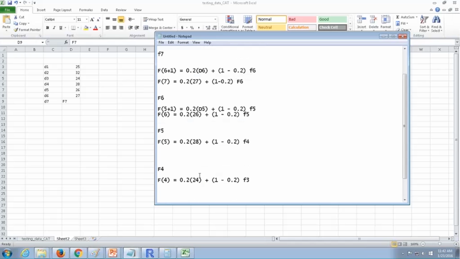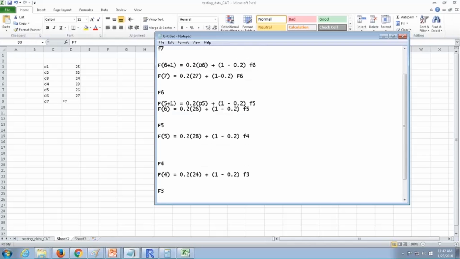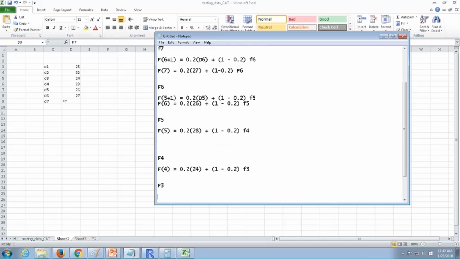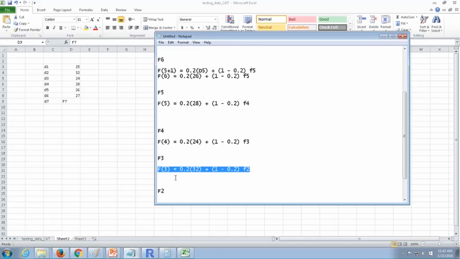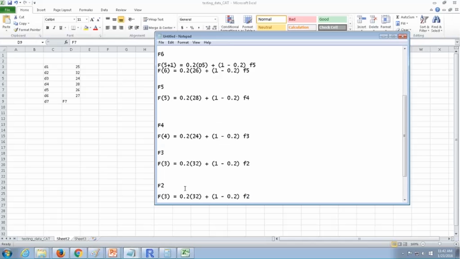Because in order to get F4 I need to know F3. In the same way I'll calculate F3. This is an iterative process, it keeps on going until F2. Okay, this is the maximum iteration that I can do.